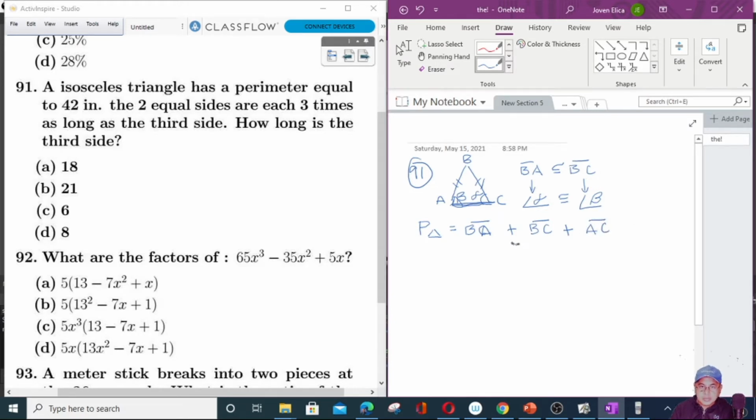This is the perimeter of the triangle. Okay, so it says here that the perimeter is equal to 42 inches.